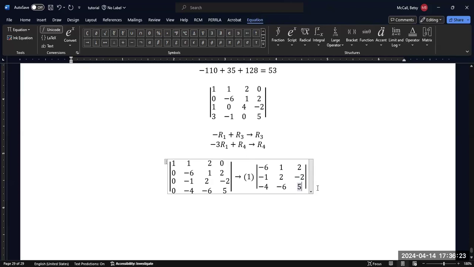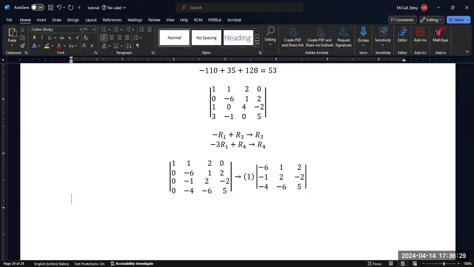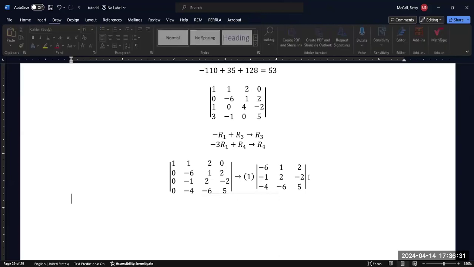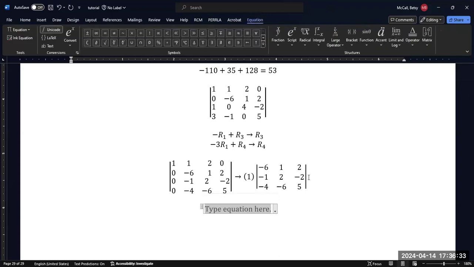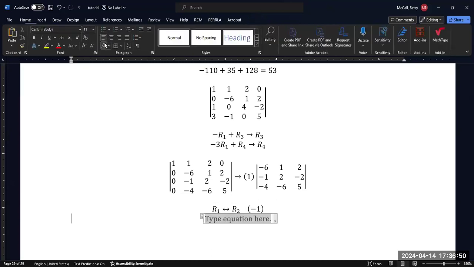So again, we could try to expand on one of these, but I'm going to swap some rows and flip a sign just to make my calculations a little bit easier. So I'm going to take row 1 and row 2, and I'm going to switch their places, and that multiplies my determinant by a -1.